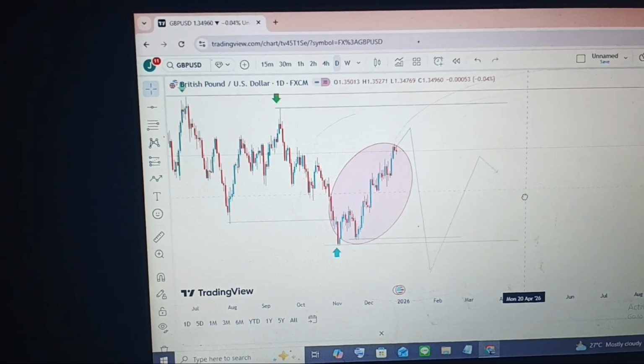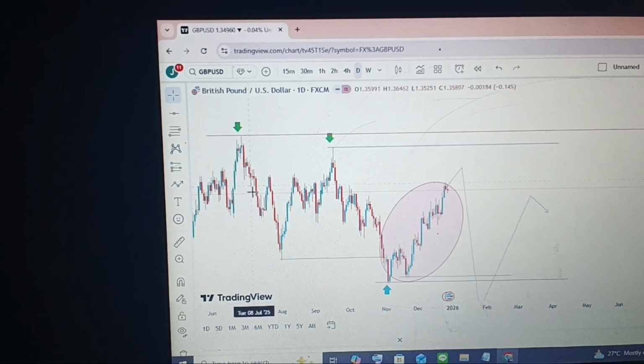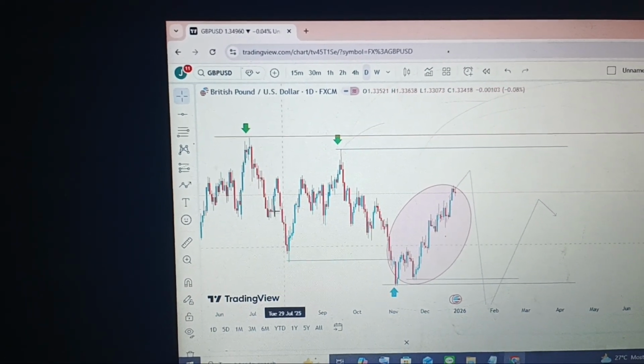Now our focus is not on this. This is a higher time frame structure.